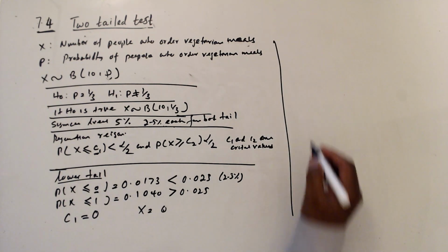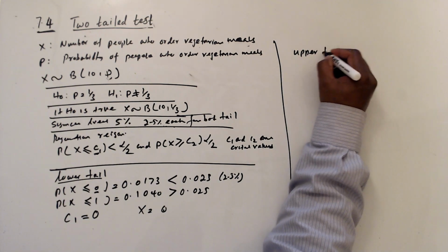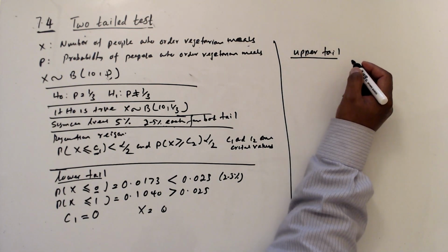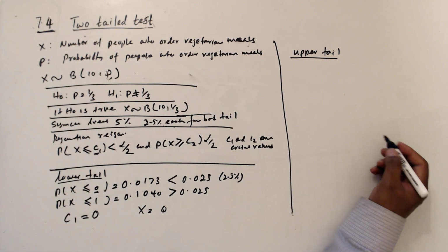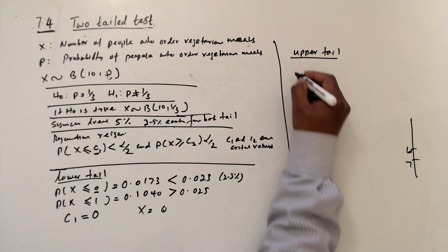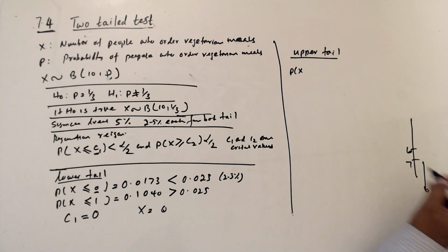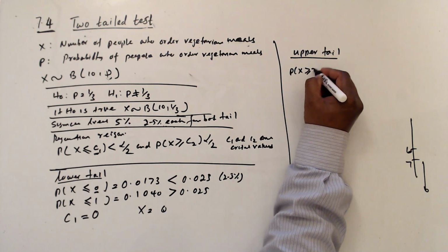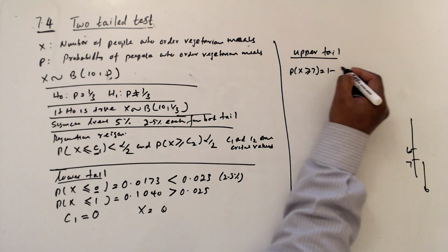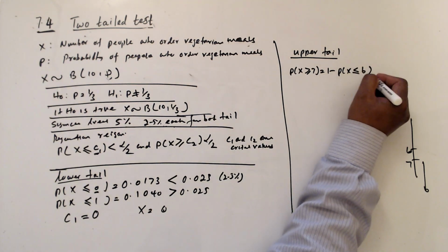Now we'll work upper tail. So I can see 7 and 6. Probability of X greater than or equal to 7 is 1 minus probability of X less than or equal to 6.